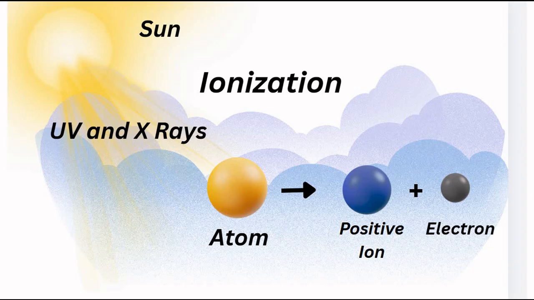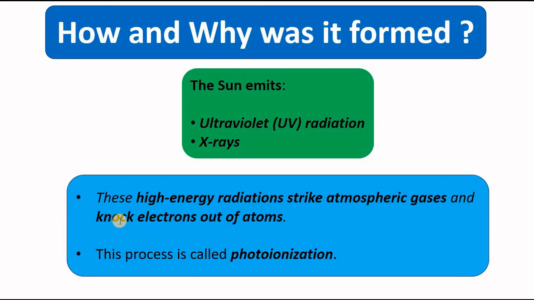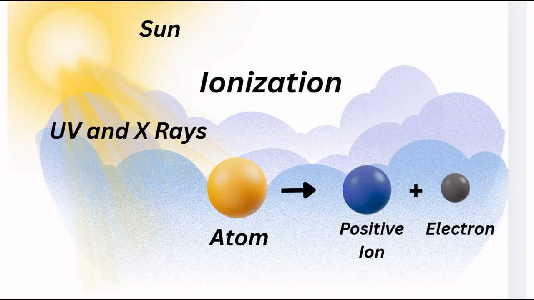When these high energy radiations strike the atmospheric gases, sometimes they knock out electrons from these gaseous atoms, and this results in the generation of a positive ion and a free electron. This whole process is called ionization, and specifically as it is caused by the sun rays, it is called photoionization.